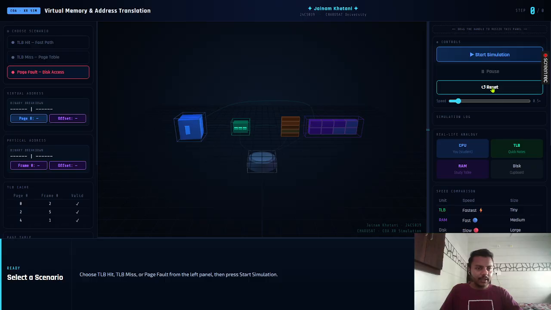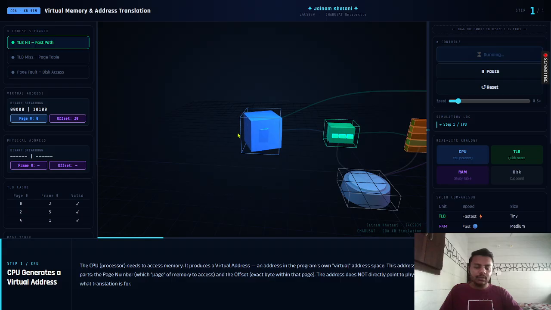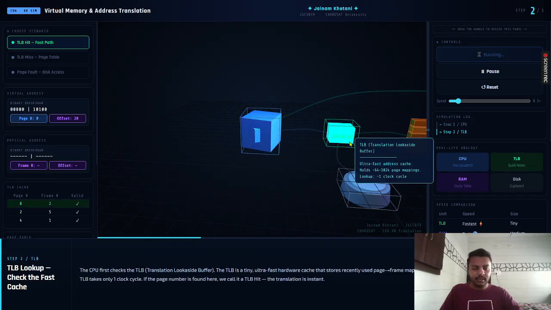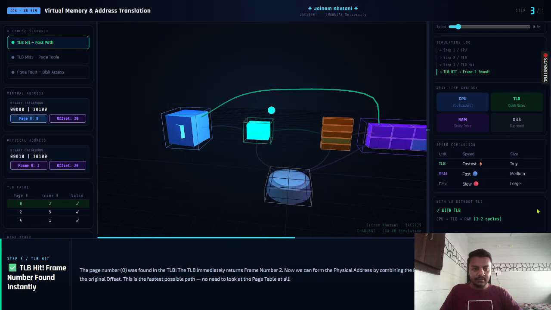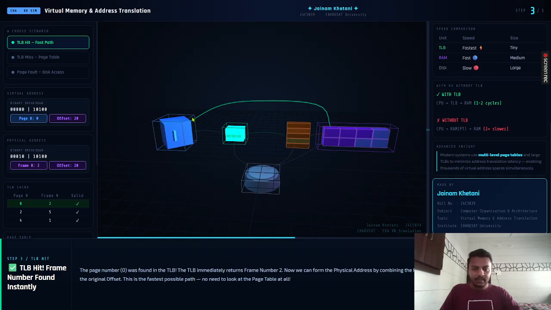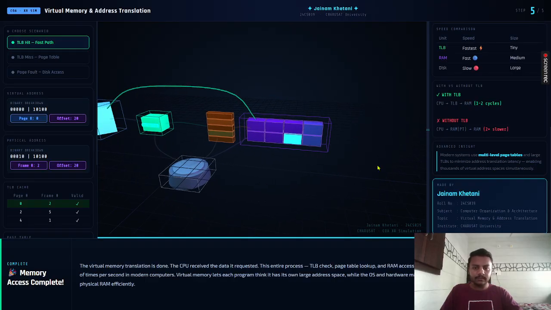So let's understand by scenario. We will go with the TLB hit, the fastest path. Start simulation. The CPU asks for the data, and the data is found in the TLB. We can see here the data is found in the TLB and then it is directly accessed by the CPU through RAM.